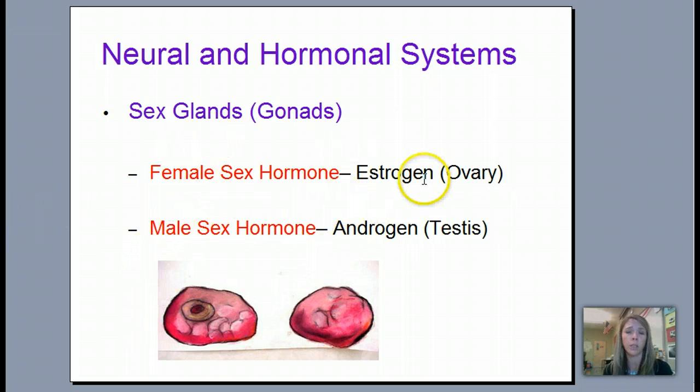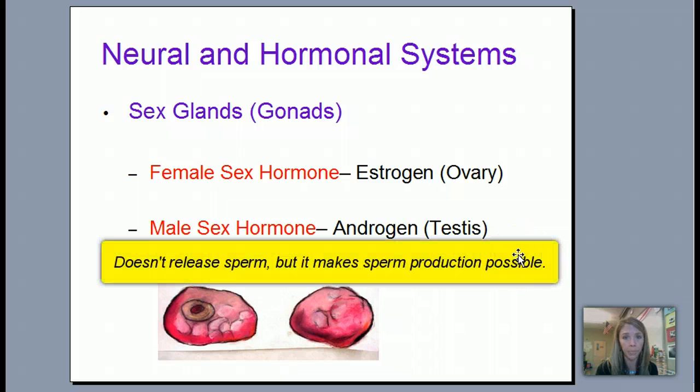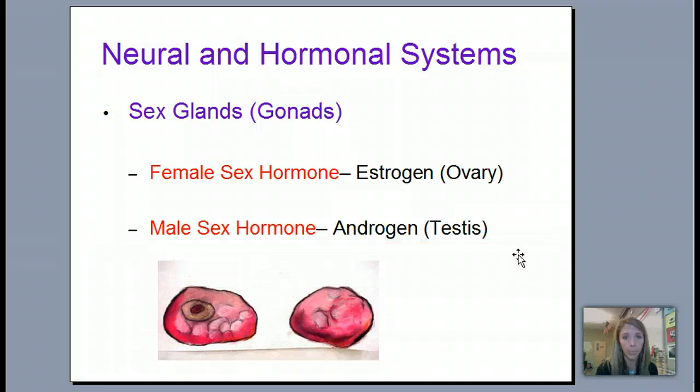The female sex hormone is estrogen because that makes our ovaries develop, which release eggs. And the male sex hormone is androgen, and that goes to the testes to release sperm. Remember we talked about the gonads up here with the gonadotrophic hormones.